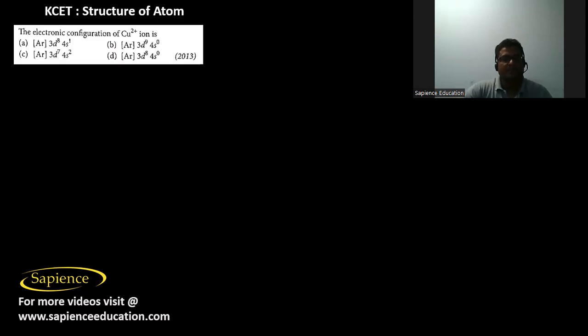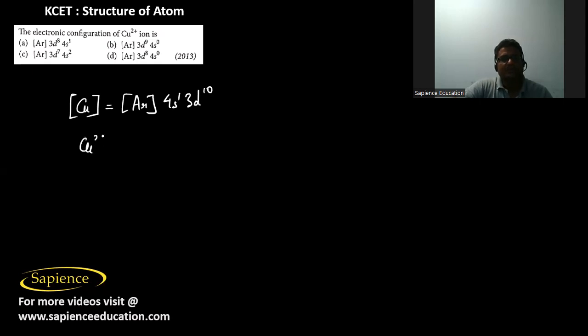Then here it is told the electronic configuration of Cu2 plus ion is. So the electronic configuration of copper in the ground state is argon 4s1 3d10.